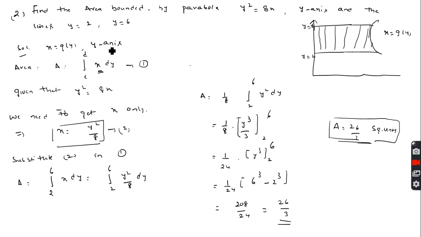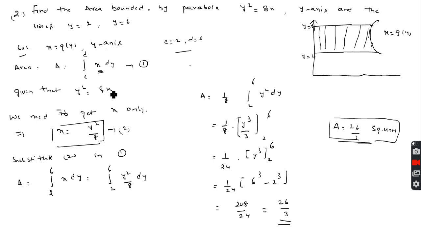Given that it is in the y-axis, the function is in y, that means x equal to g of y, and the lines are also given in the form of y, y is equal to 2 and y is equal to 6. Therefore the formula is area equal to the integral from c to d of x dy. The limits are c equal to 2 and d equal to 6, lower limit and upper limit.